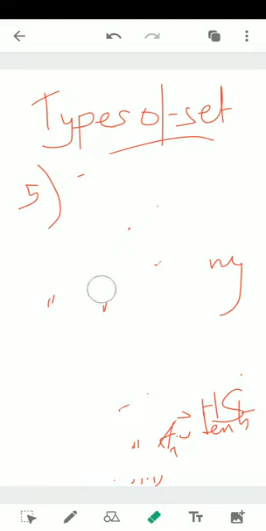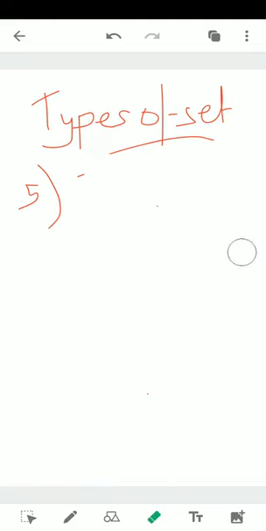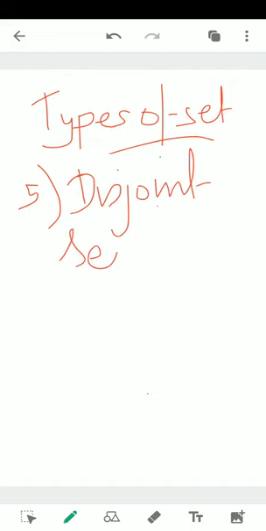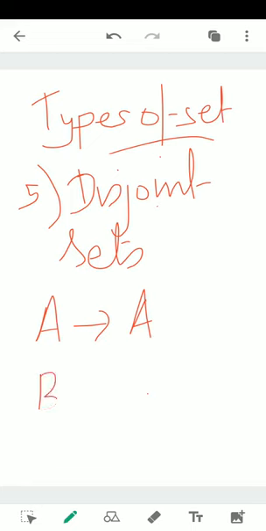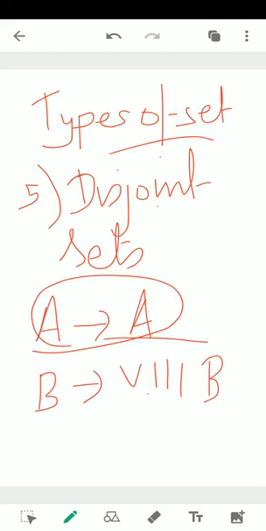The next type of set is called disjoint sets. That is the sixth kind of set. If I consider set A to be the set of students from class 8A, and B to be the students from class 8B, then can I say none of the students from A will be in B and none of the students in B will be in A?